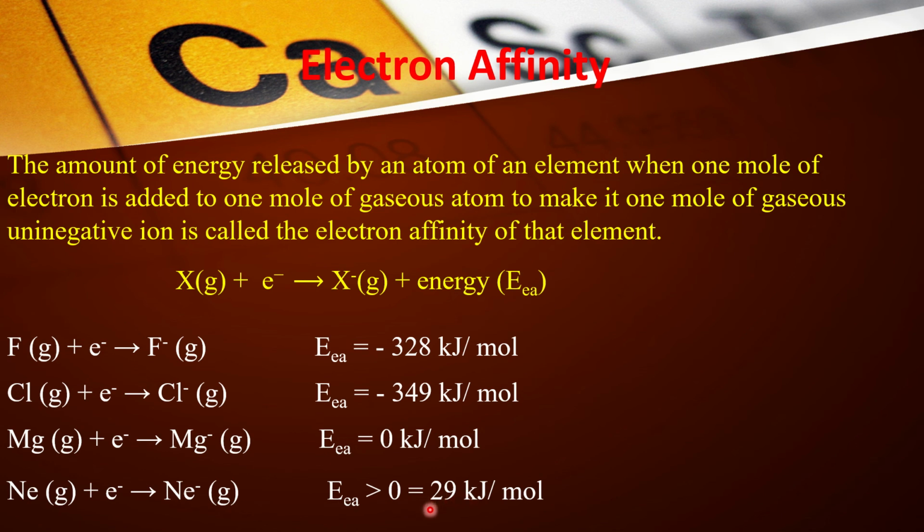Rather, you have to apply 29 kilojoule energy to add one electron to neon. That doesn't mean the electron affinity of neon is more than magnesium. The electron affinity of magnesium is 0, but the electron affinity of neon is 29. That means the electron affinity of neon is less than magnesium, and all the inert gases have very, very less electron affinity.